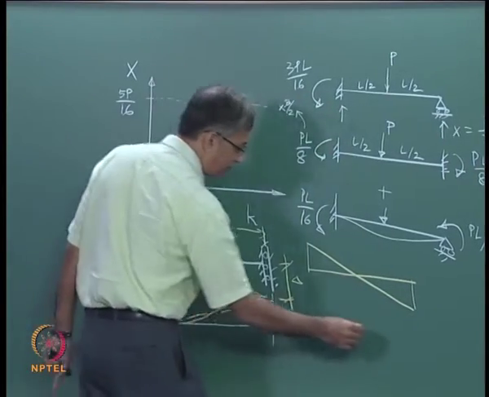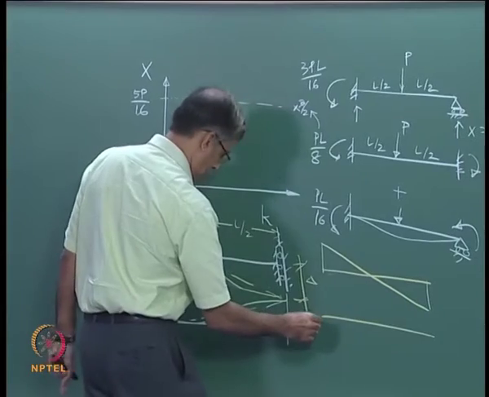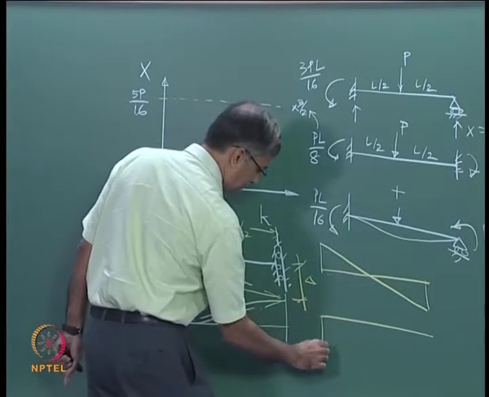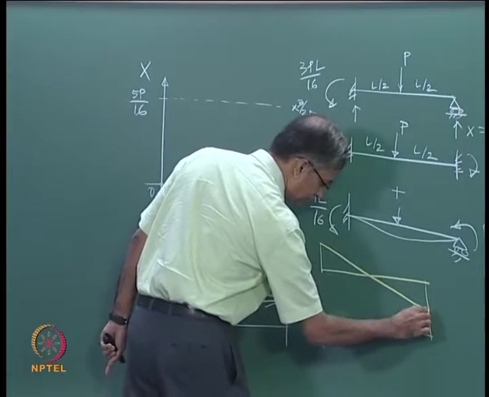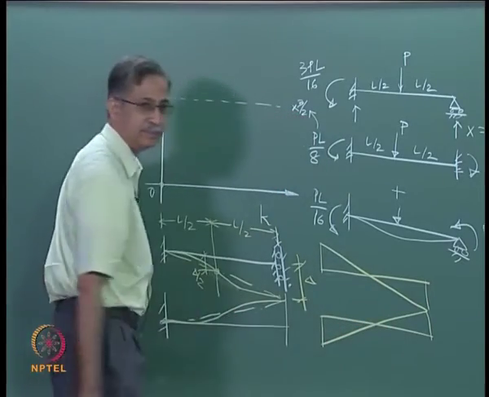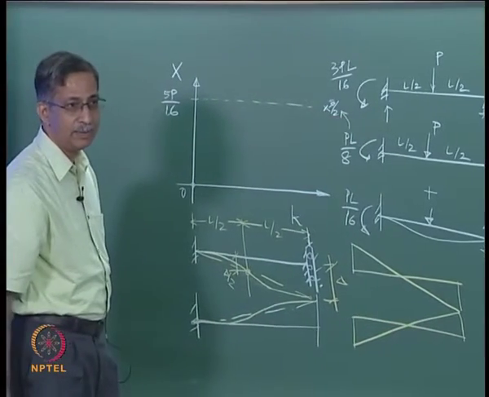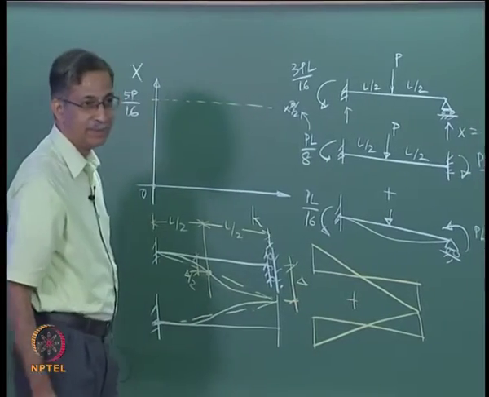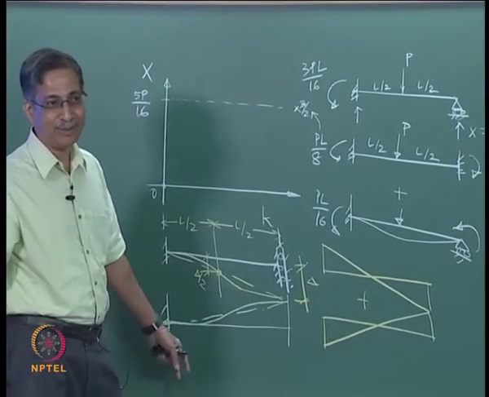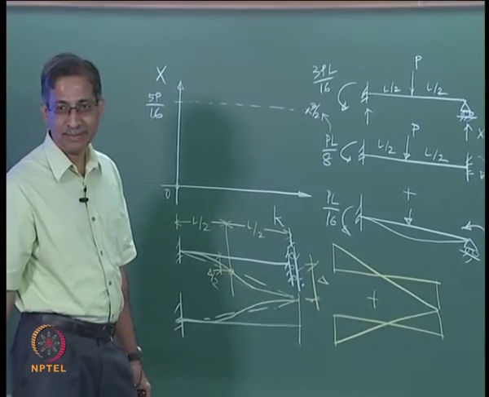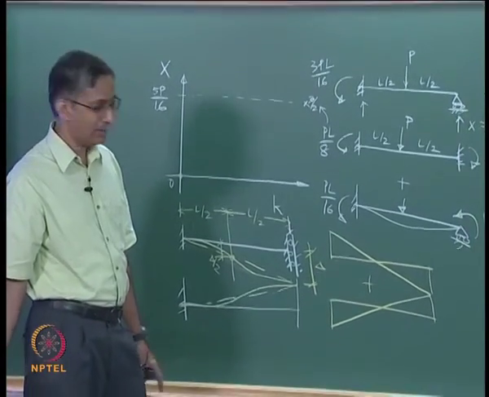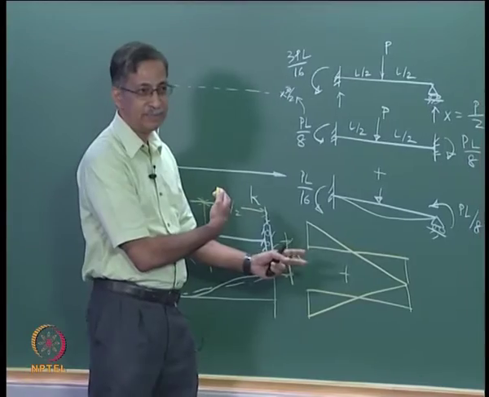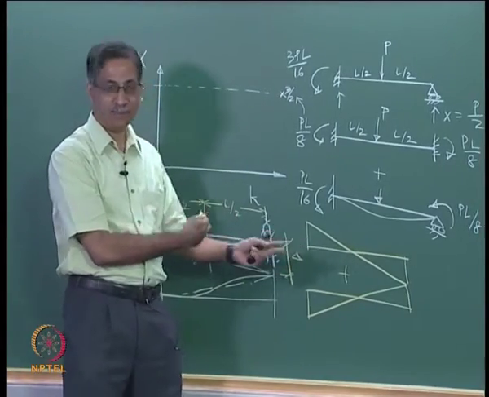Bending moment diagram for this is going to be like this. Right? Now when I add up these two, what should I get? I should get 0, the beam will be flat. Agreed. And I can flip it over. I can flip it over. Right? So it does not matter.